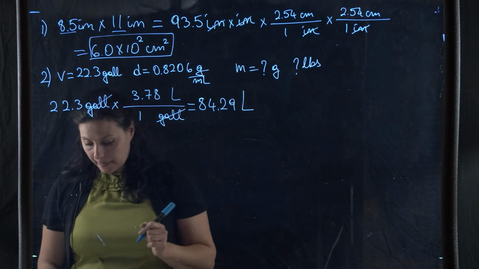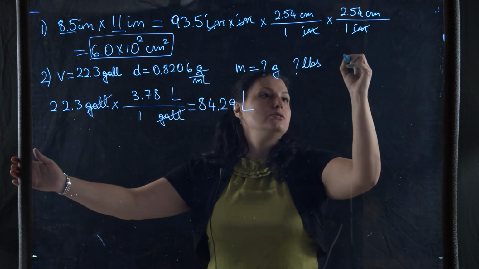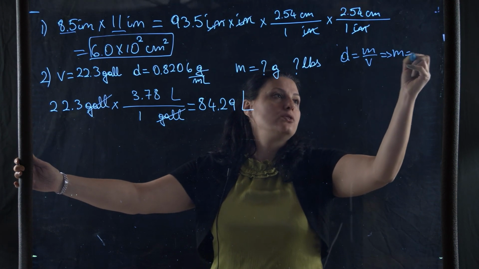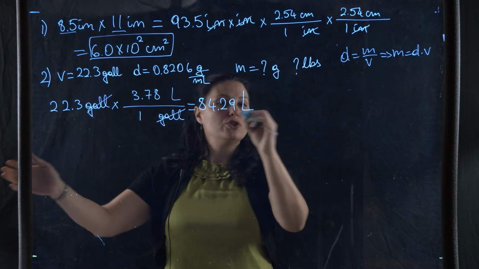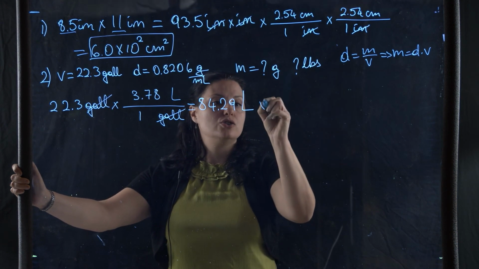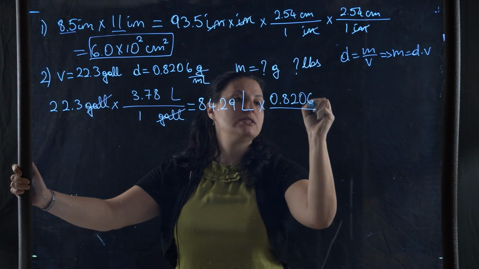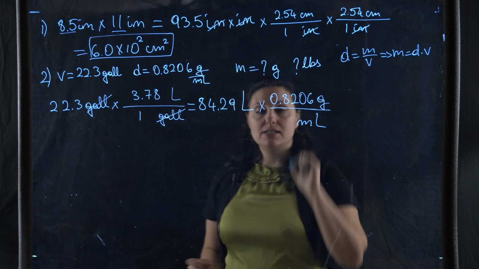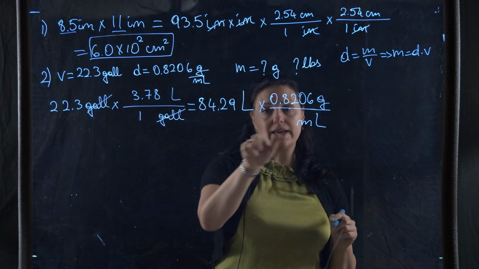That's my liters. Okay. Now, remember that density is equal to mass over volume, which means that my mass is equal to density times my volume. This is my volume. This is my density, which means that if I multiply my volume times the density, I should get my mass. So if I multiply by 0.8206 grams per milliliter, I should get my mass in grams. However, I need one more step. This is in liters, this is in milliliters, so I can't do it directly.